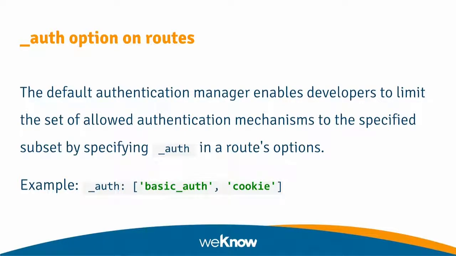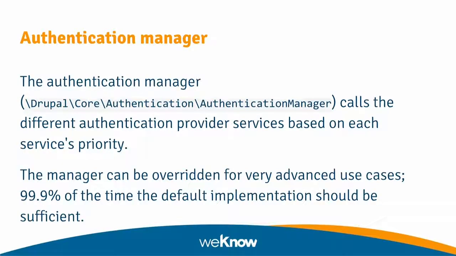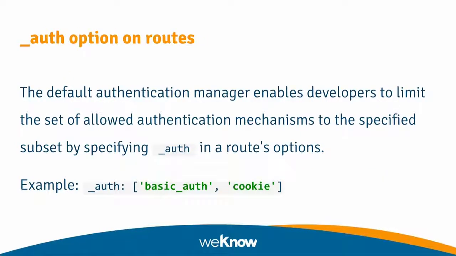Pretty simple. But the cool thing is you can add a number of things here. You can say JWT tokens, like I was saying before, or I don't know, a number of different authentication mechanisms. So then the authentication manager for each one of those guys, there's an authentication manager for basic authentication and one for cookies.